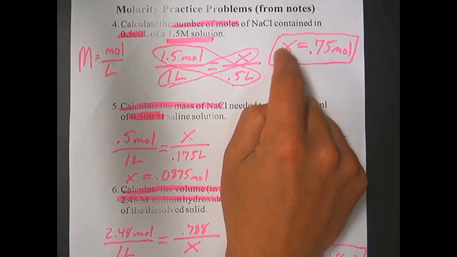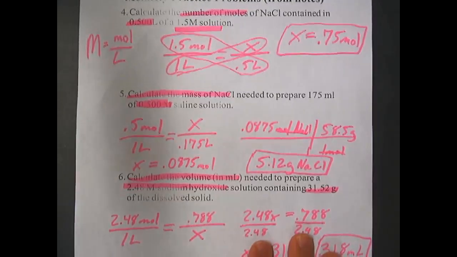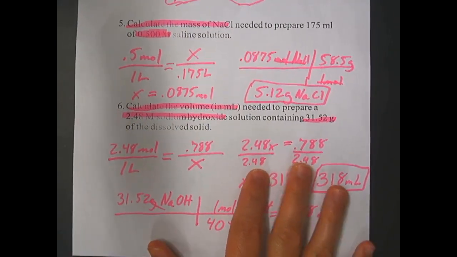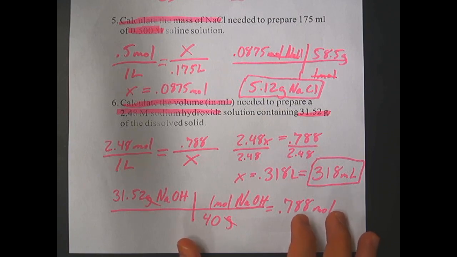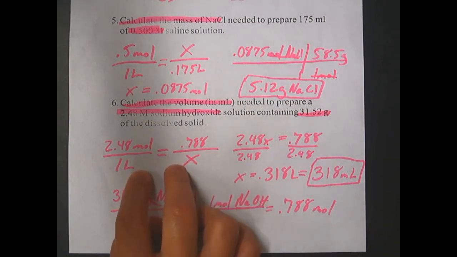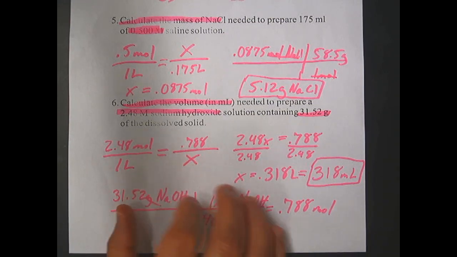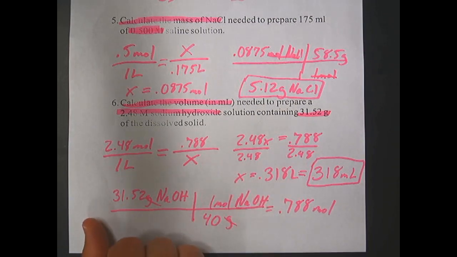In this case, we're solving for moles, cross multiply and divide. Just keep in mind, I can ask these questions in quite a few different ways. I can give you different units and whatnot, but in the end, it's basically the same thing. You're going to use that molarity, set it up as two fractions equal to each other, do any converting that needs to be done, but the math itself is relatively simple.